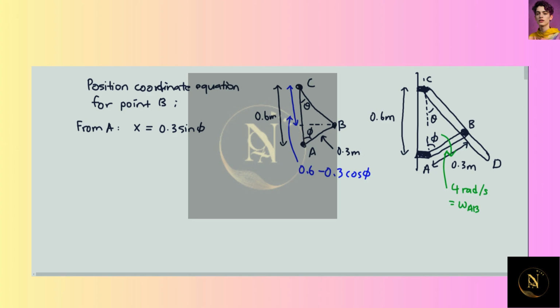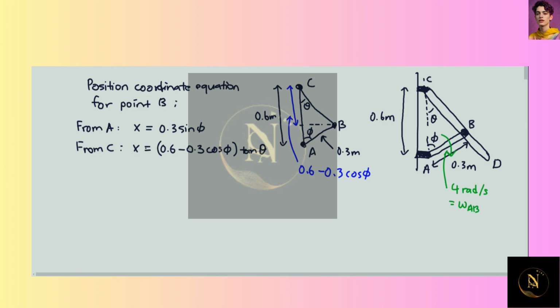And from C, we have x equals to 0.6 minus 0.3 cosine phi tangent theta. The purpose is to get an equation with theta. So this is how we get one equation with theta.